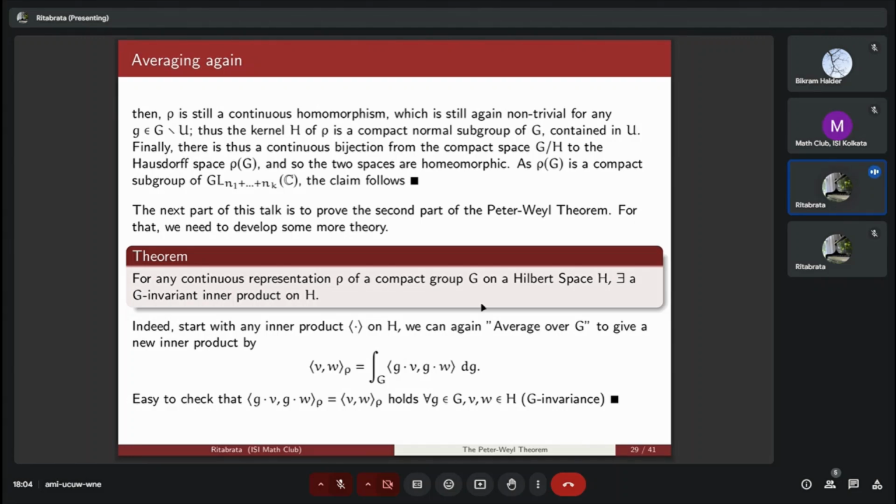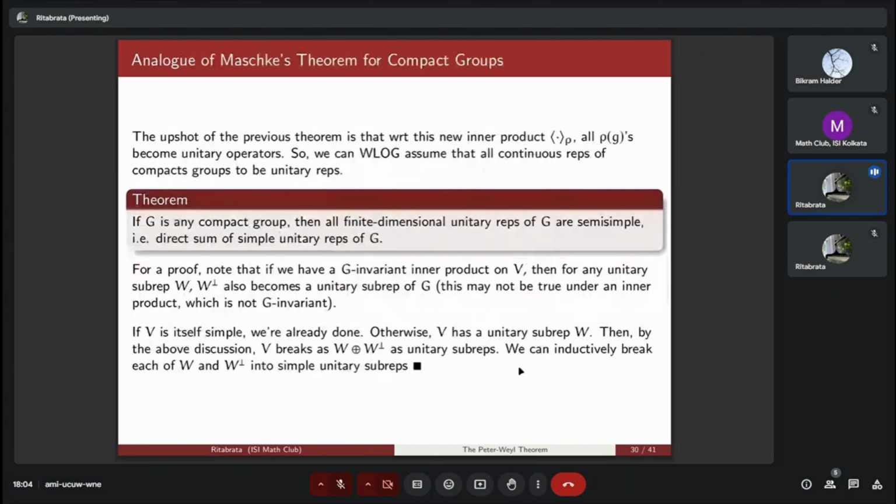You can replace Gh equal to u, and by left invariance the measure will not change, and we'll get this identity of the inner product. This is easy to prove, so I'm not proving it. The upshot is that we can always work with G-invariant inner products. We can assume that all group elements act as unitary operators, given that they are continuous.